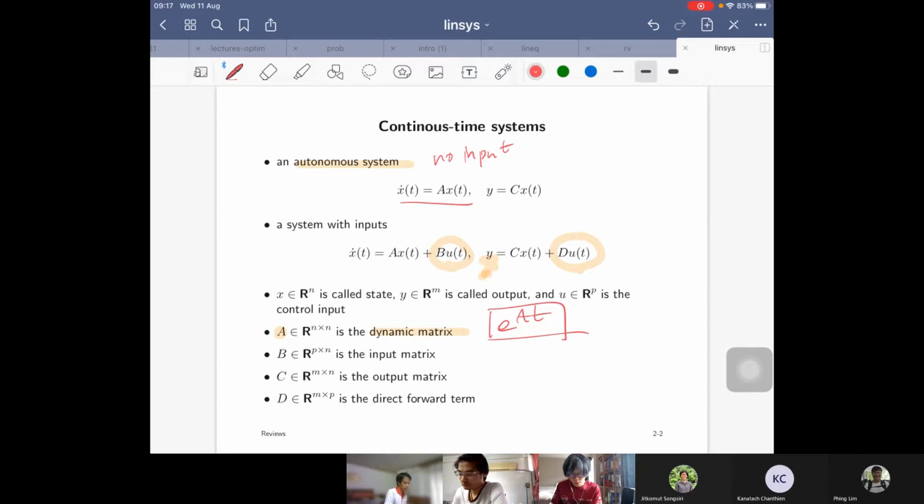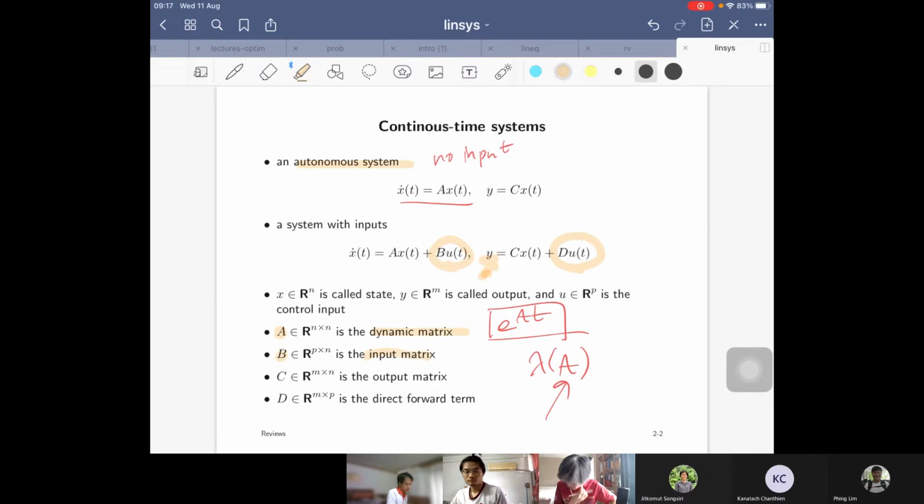What we learned before is that the eigenvalues of A define the mode of the system, how fast the system decays, whether the system is stable or unstable. It all depends on the eigenvalues of A. And that's why A is called the dynamic matrix.